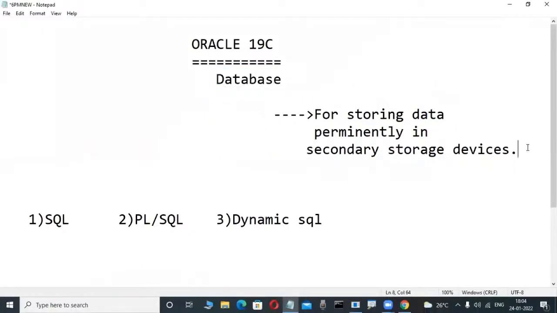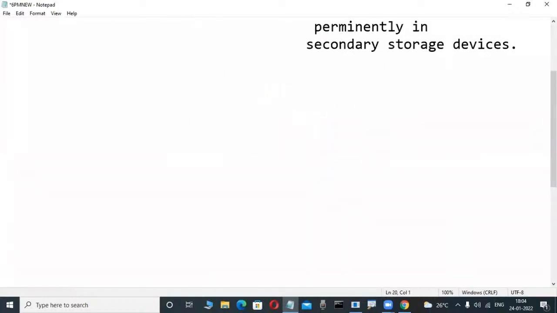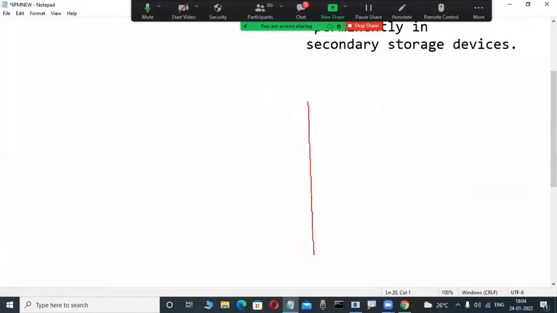Unfortunately, as I said in previous classes, a database is a place. Whenever we install Oracle, SQL Server, or DB2 in our system, automatically one place is created.